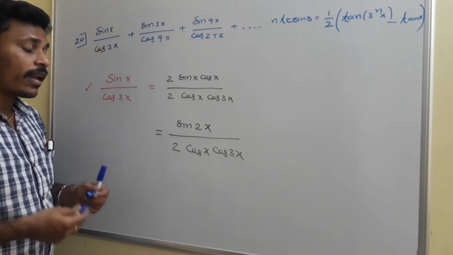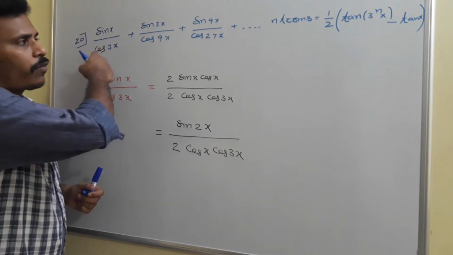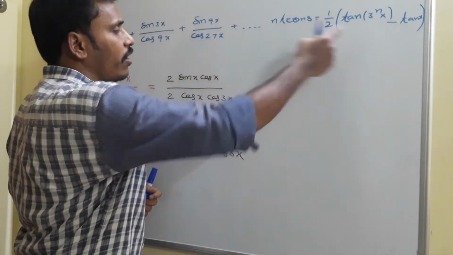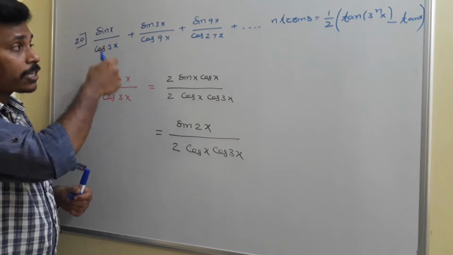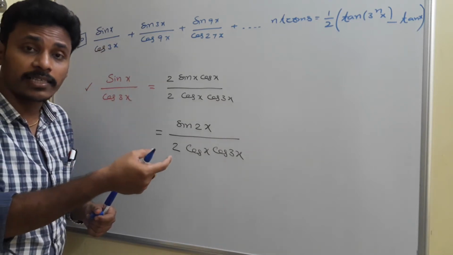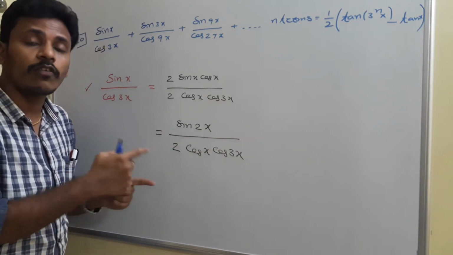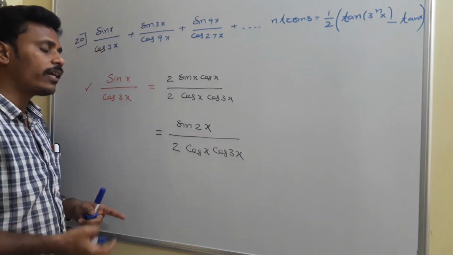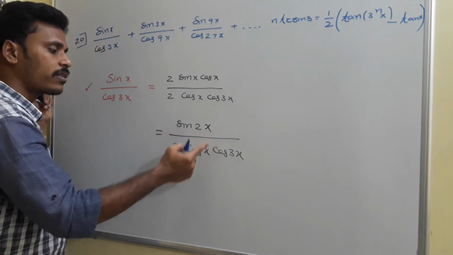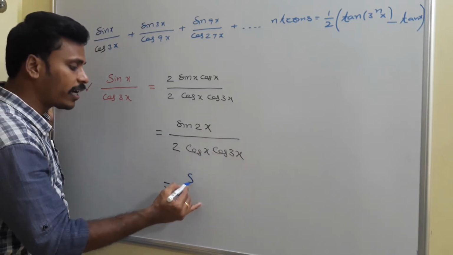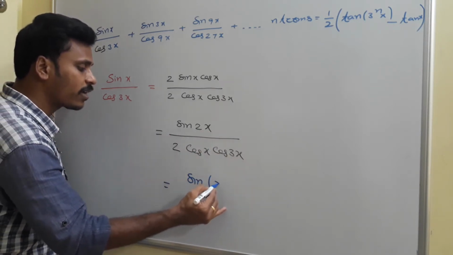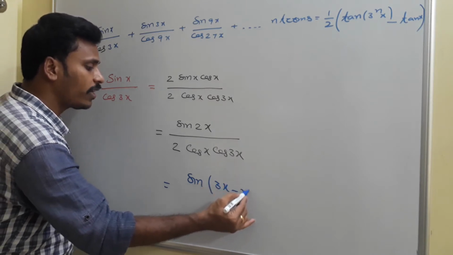In the next step, after adding all these things, this is the result. So I am trying to express each and every term as a sum or difference of two other things. With that idea, this is 2x, and in the denominator x and 3x. So I am rewriting that numerator 2x as the difference of 3x and x.